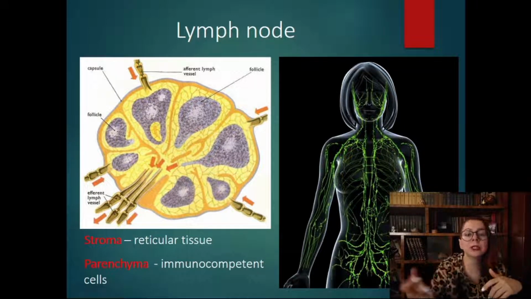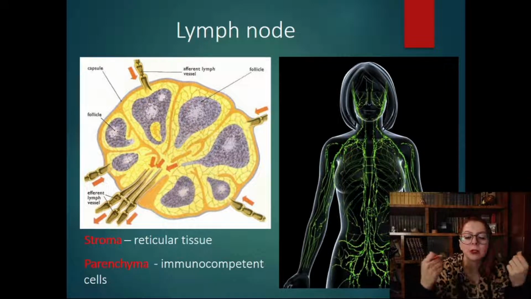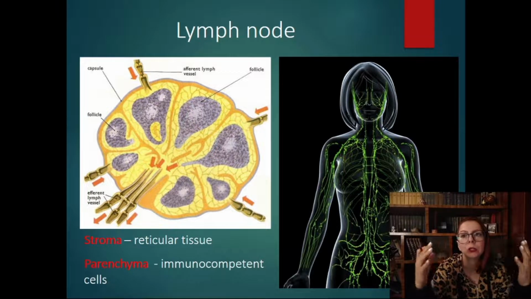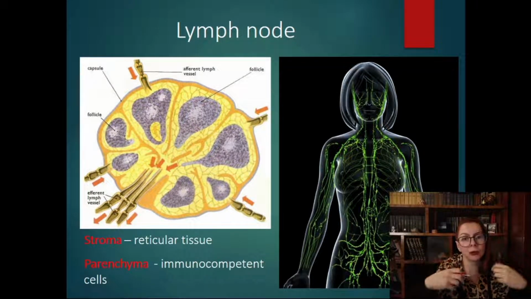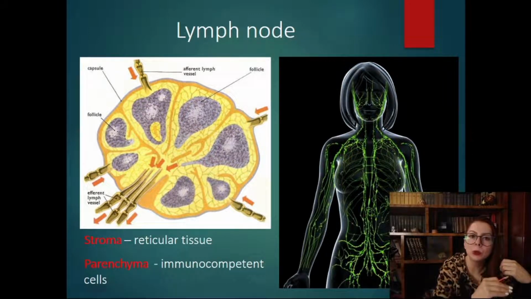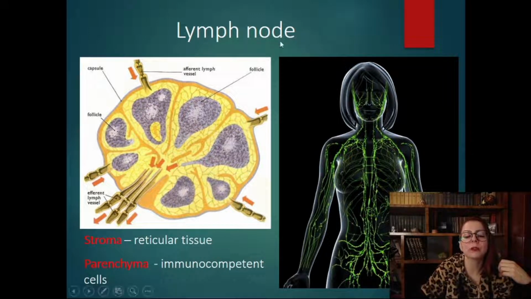Why can't blood vessels absorb this dirty fluid? Because blood vessels should carry sterile blood. Blood should be pure. That's why we have lymphatic vessels parallel with the blood vessels, because lymphatic vessels are something like a sewage system in our organism. It absorbs and collects all dirty tissue fluids and transports it to the regional lymph nodes.